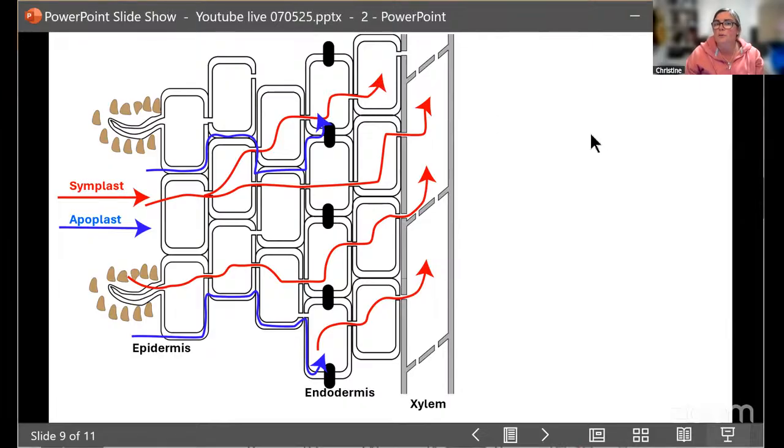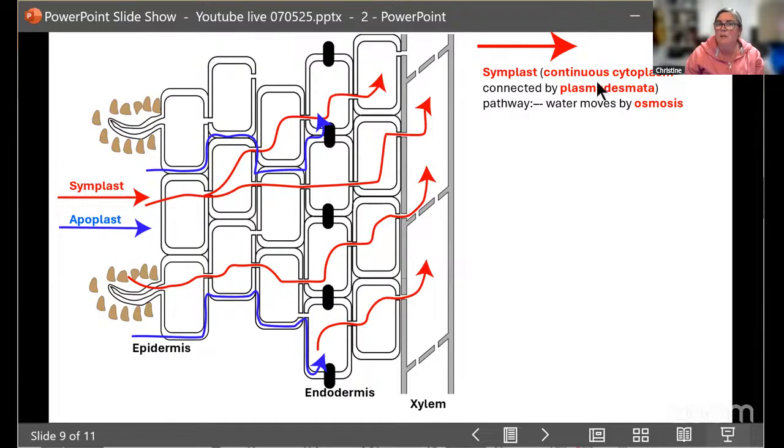So what's important for you to note is the Symplast pathway is continuous cytoplasm. I love my alphabet and I use it to help me to remember. Symplast pathway has got a Y and therefore cytoplasm also has a Y. That is my continuous cytoplasm connected by my plasmodesmata.